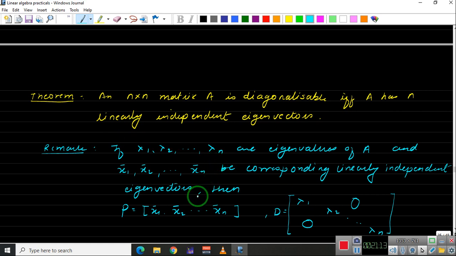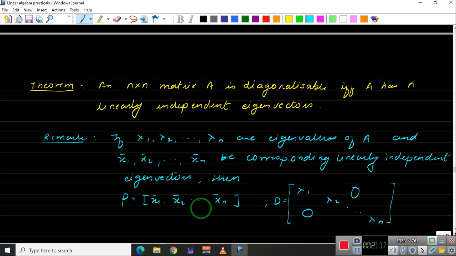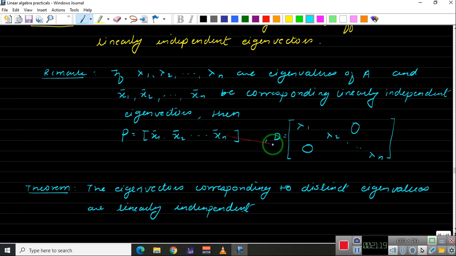To get the matrix P and the matrix D, we take the eigenvalues and eigenvectors, we put the eigenvalues as diagonal entries of the diagonal matrix and the corresponding eigenvectors as columns of matrix P, and that's how we get the diagonalizable form.